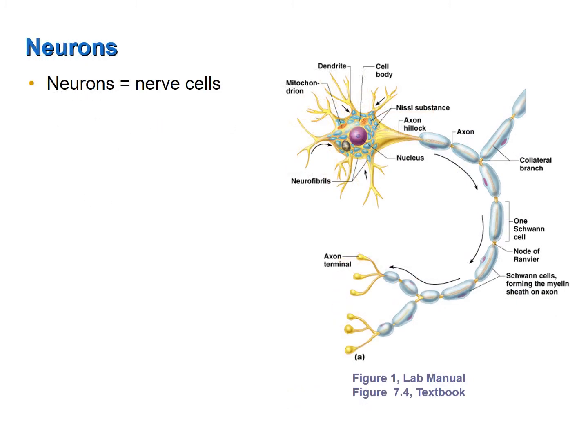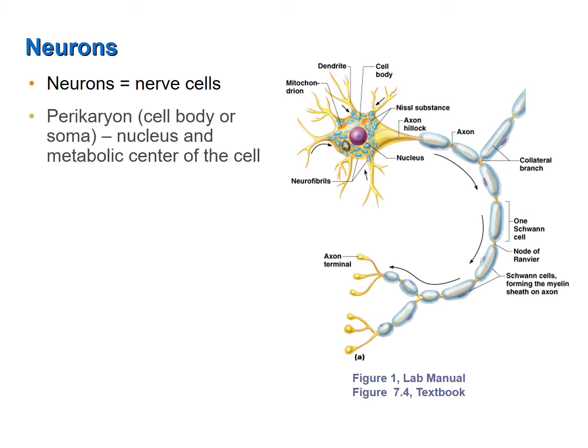The neuron is the basic functional unit of the nervous system. This is the specialized cell which is responsible for communication. And it does this by generating nerve impulses and releasing neurotransmitter. Neurons are also referred to as nerve cells. Nerve cells have two basic regions.